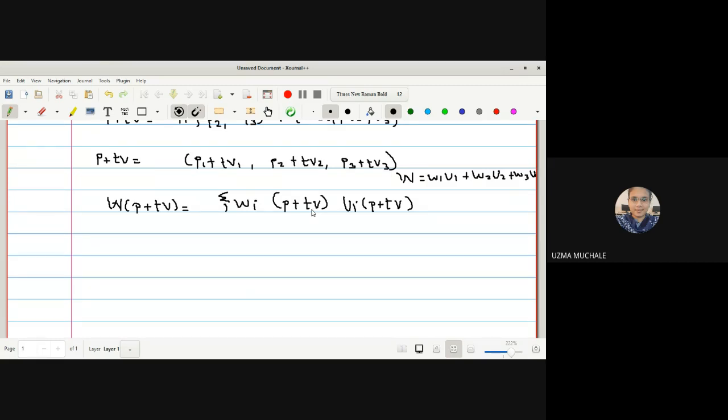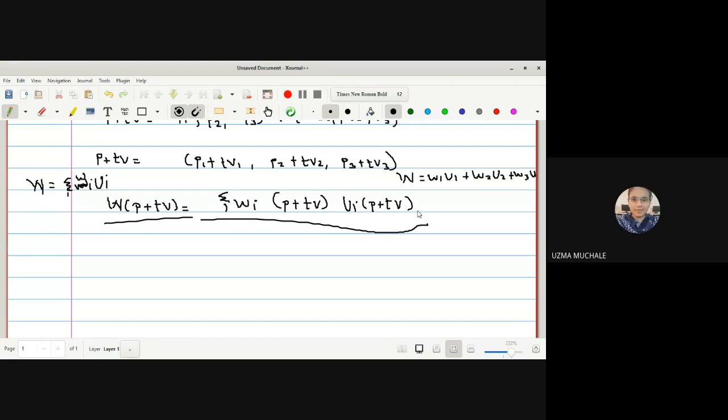But here we do not know, so that's why we will write summation over I Wi Ui. No, what is your W? It is summation over I Wi Ui, not Vi, it is Wi Ui. So at a point P plus TV, you can write this in the form of summation over I Wi at P plus TV Ui at P plus TV. Yes, anyone having a doubt for this step? No, ma'am.